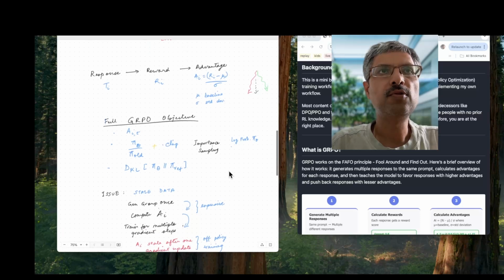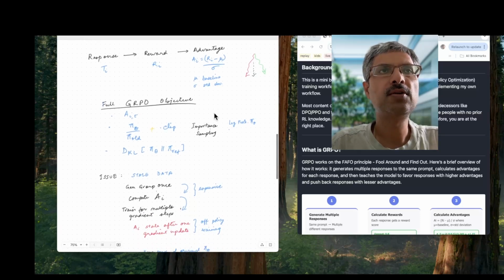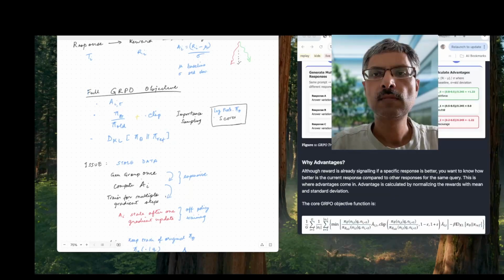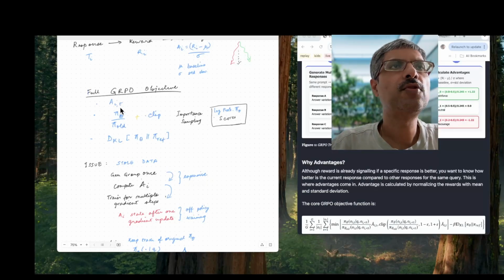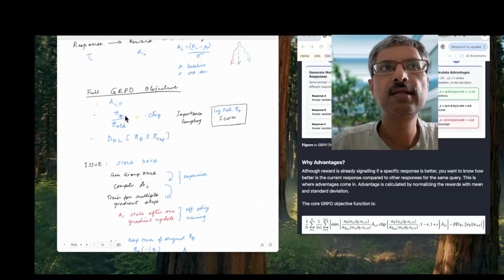Okay, so the full GRPO objective depends on a number of factors, and it's not just the advantage, it's a couple of other things that are meant to stabilize the training. The full GRPO objective consists of not only the advantage but also the scores of the traces with respect to the current model that you're training and some slightly older model.